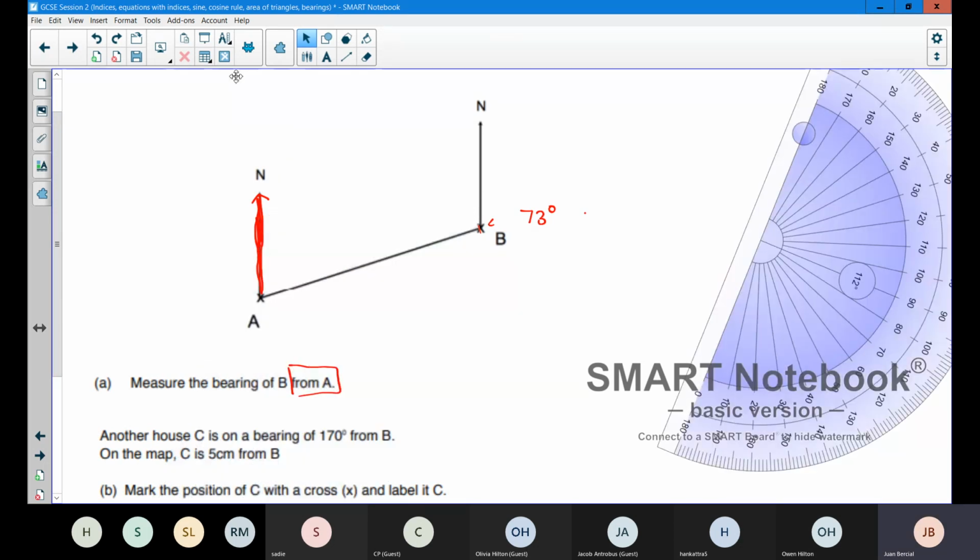Just move that protractor away. So this angle here, we measured it, is 73.